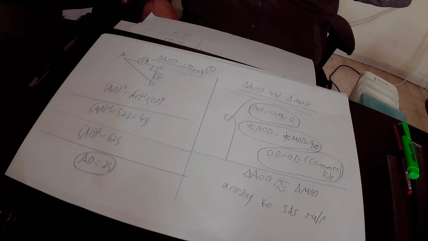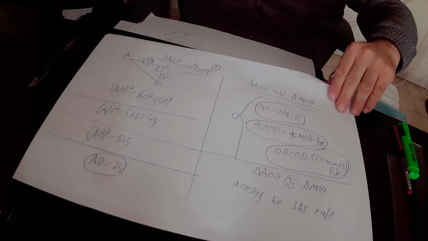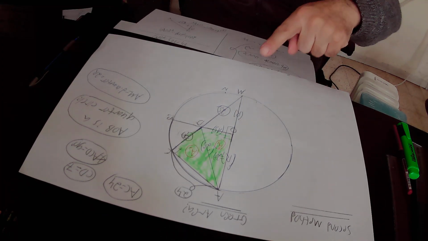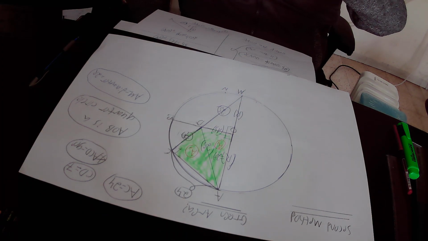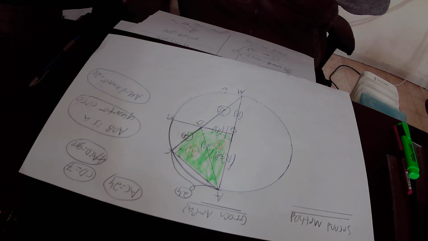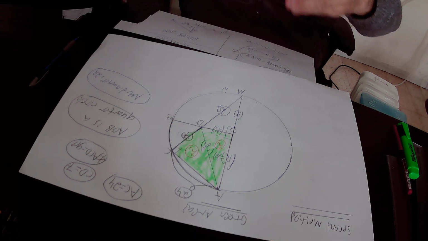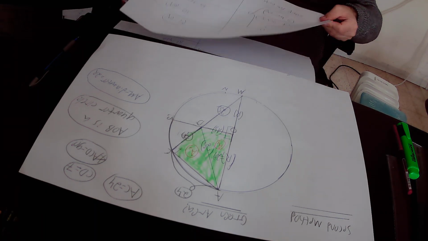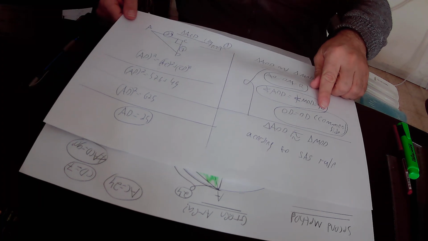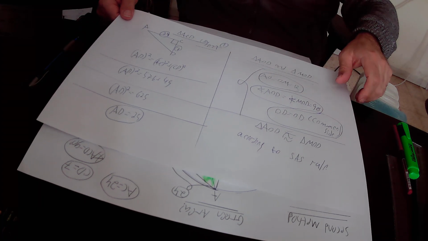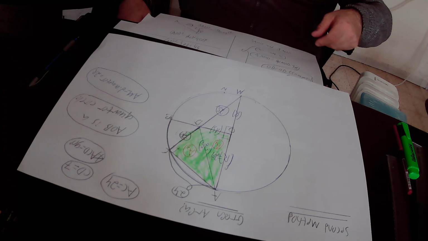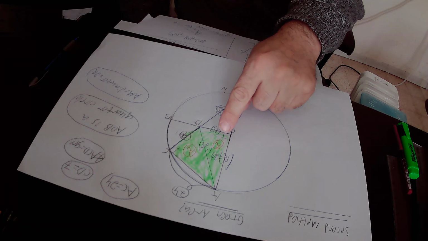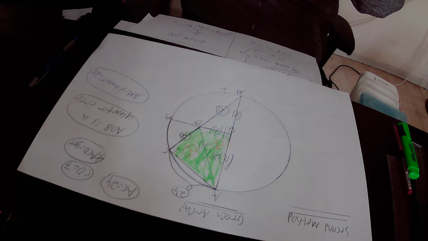They are both equal to 90 degrees, therefore they are equal to each other. And finally, side DO is a common side that belongs to both triangles, so OD equals OD. So we actually succeeded to prove that those two triangles can go into each other according to the side angle side rule.